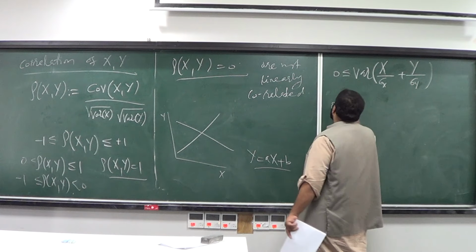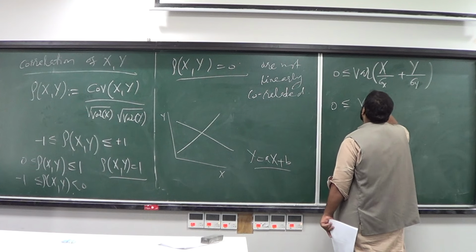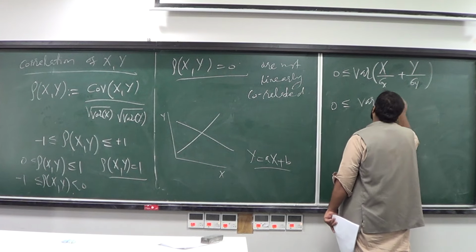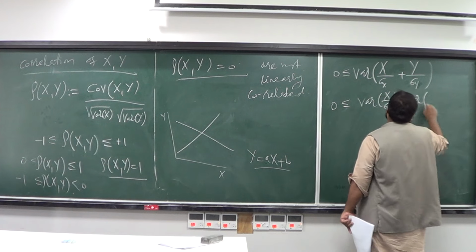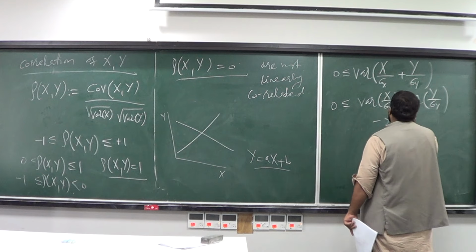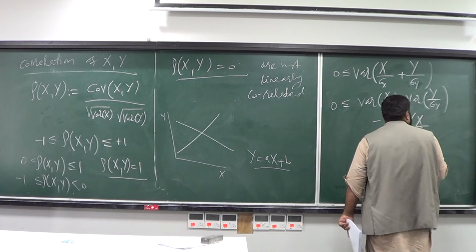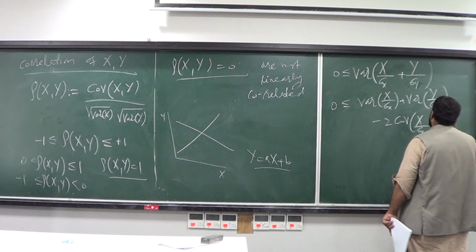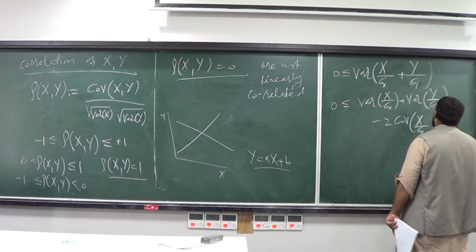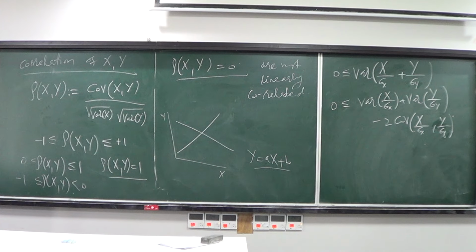The variance of the sum is going to be equal to the variance of x by sigma x plus the variance of y by sigma y, and minus twice the covariance of x by sigma x and y by sigma y. It is the sum of the variances of two random variables.